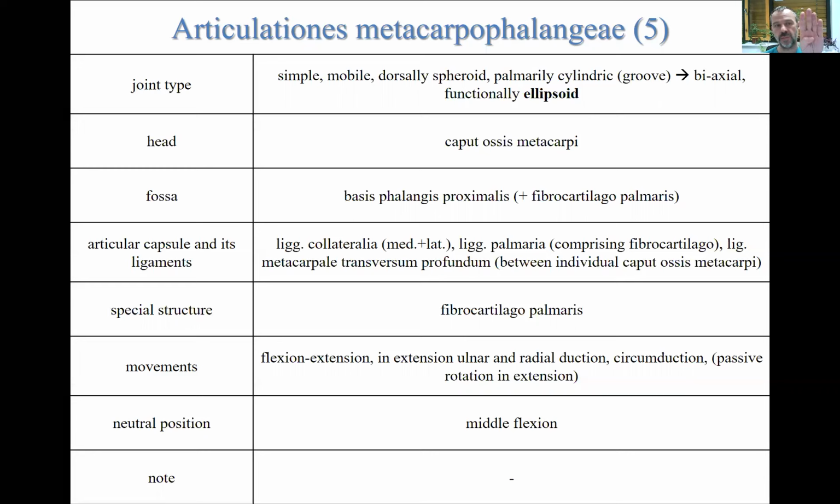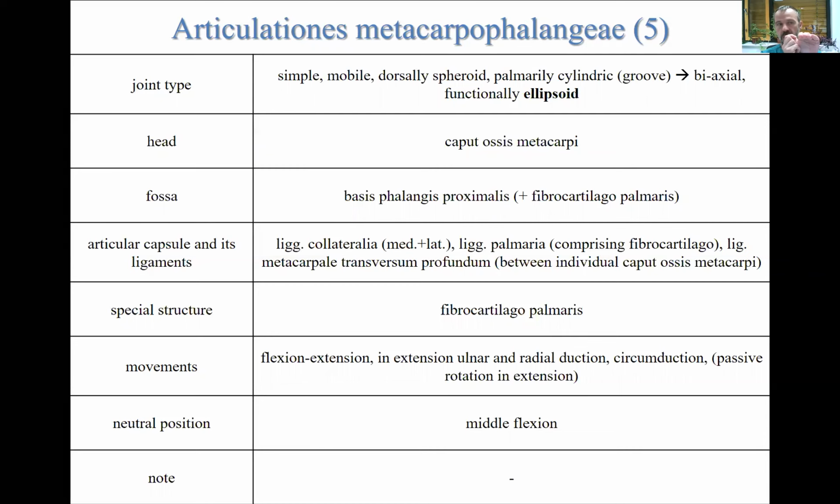But this is possible only in extension, when the joint is at the dorsal surfaces. If you perform flexion, try to abduct and adduct. It's not possible. If you do it, then the fingers go dorsally. Yeah. So in extension, when the dorsal surfaces are in contact, you are able to perform abduction, adduction.